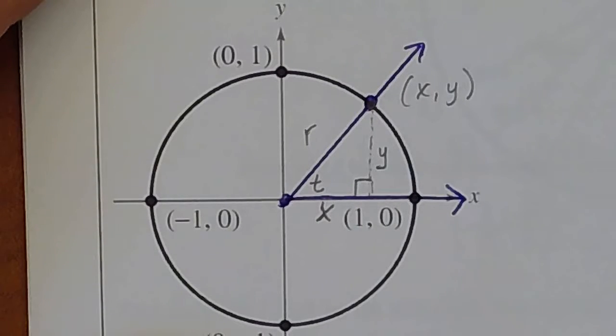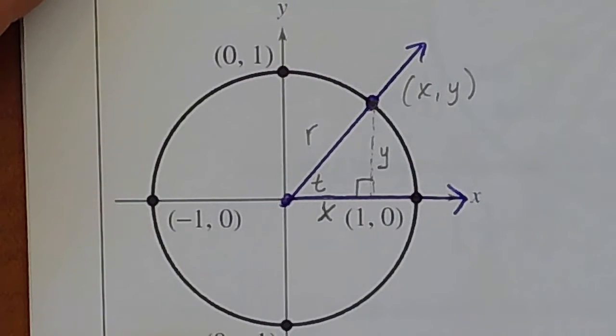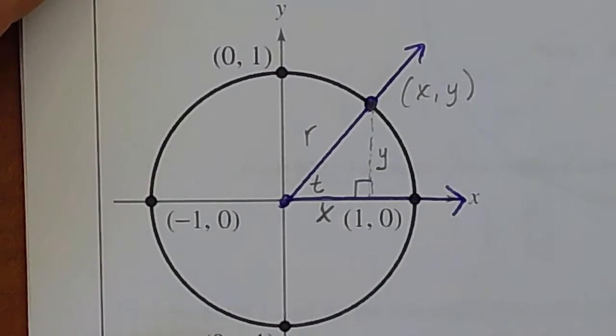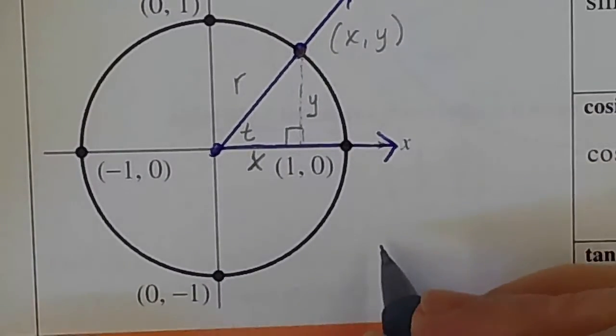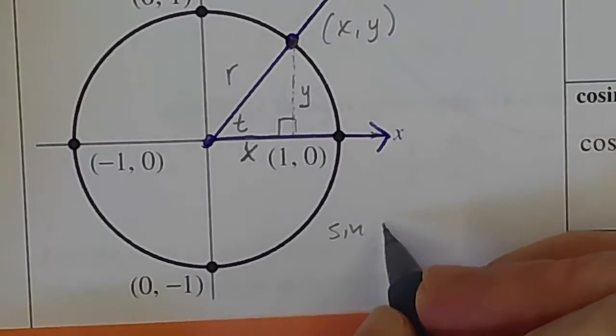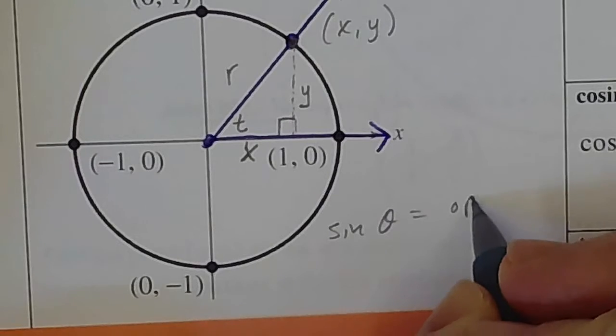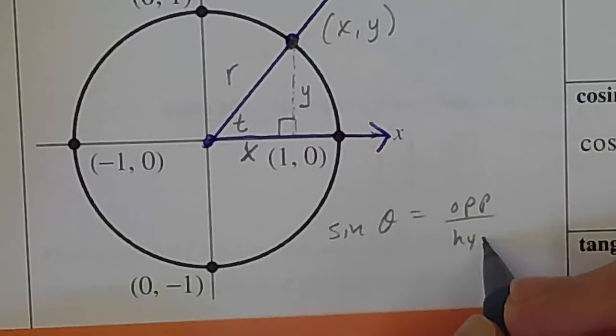Now back in Algebra 2 or maybe even geometry, you were taught some really basic right triangle trig rules. SOHCAHTOA is a way to remember some of those. We'll review those in detail in section 4.3. In this section, I'm just going to use them to establish some definitions. So for example, sine of an angle is equal to opposite over hypotenuse.